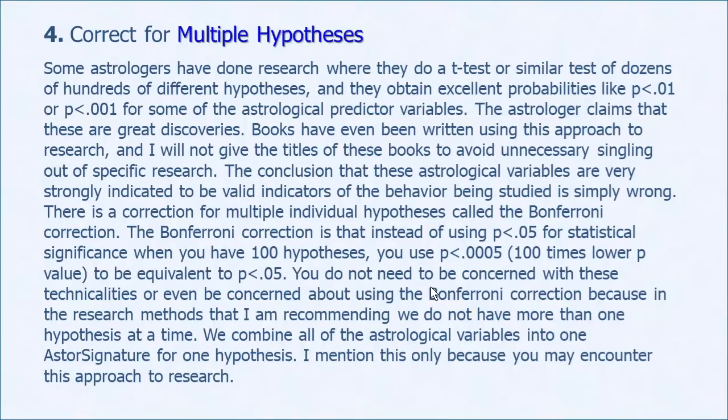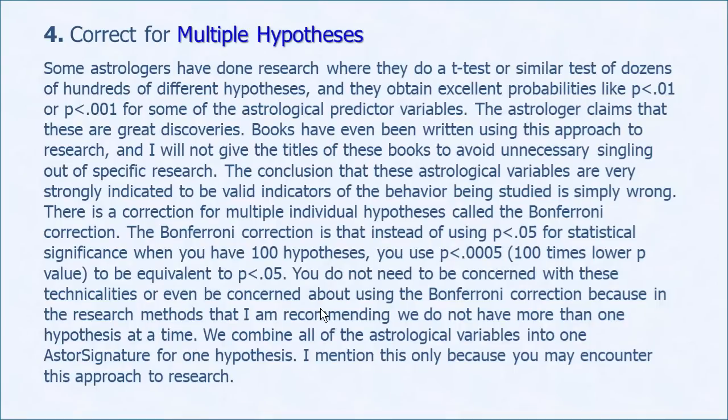All I'm saying is that if you get a p-value less than 0.0005 with 100 hypotheses, you have to multiply this by 100 and you get 0.05. It's actually only a 0.05 probability in reality. So if you have 100 hypotheses and you get a 0.0005, then that's fairly good. It is in reality less than 0.05.